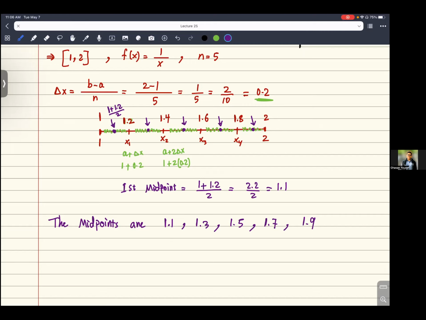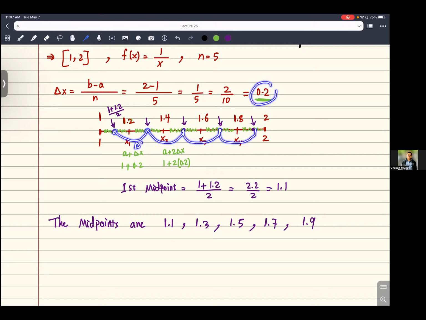Or, after finding the first midpoint, you just have to keep the same delta x each time. Adding delta x, you get the second midpoint. Add delta x, you get the third midpoint, and so on.